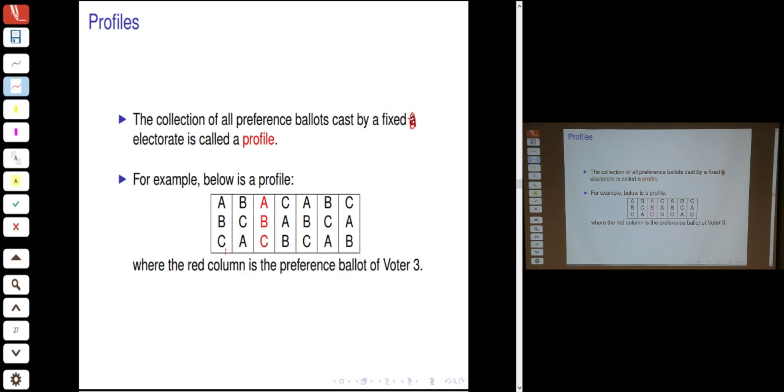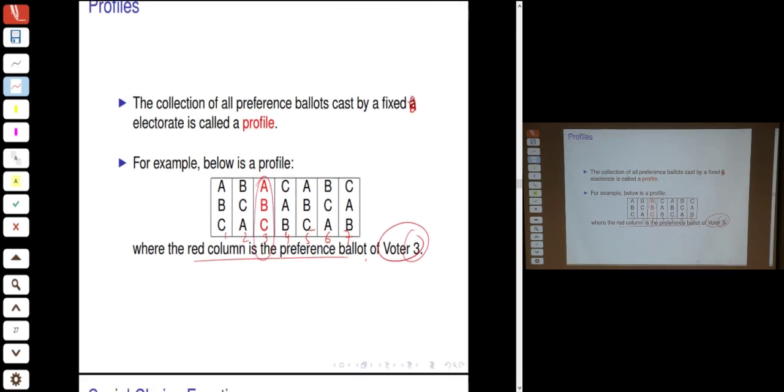So there are 1, 2, 3, 4, 5, 6, 7 voters, and each of the 7 voters has indicated their relative preference, the ranking of the 3 candidates in their ballots. So, for example, for voter 3, this column, the red column, is the preference ballot. Any questions?